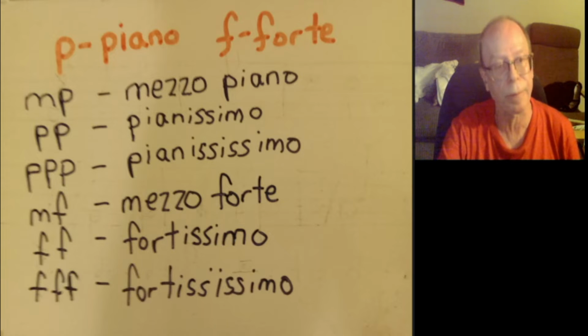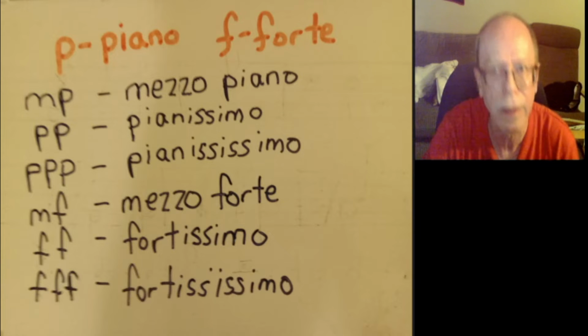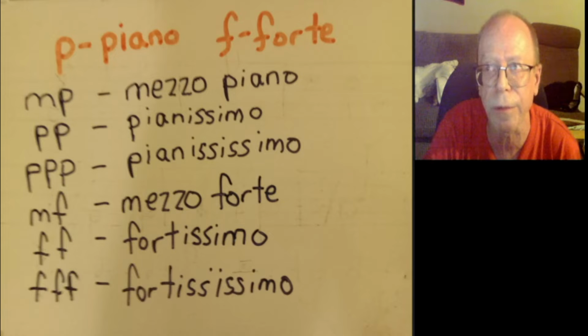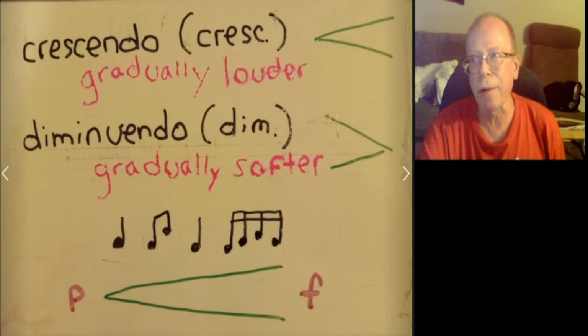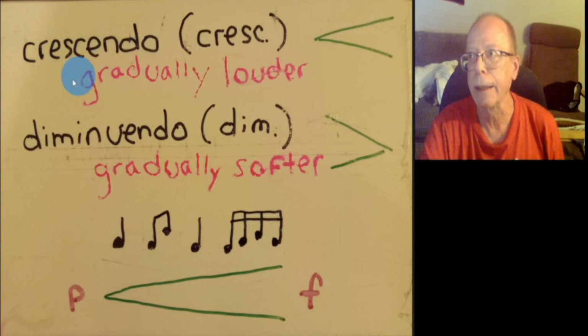It's pretty simple. However, there are ways of changing these volumes. You'll see here. Okay. All right, we switch screens here. We have some more words, also in Italian here. And this one's got 3 terms for it. Crescendo, you'll see. All right. And it can be abbreviated here, C-R-E-S-C dot.